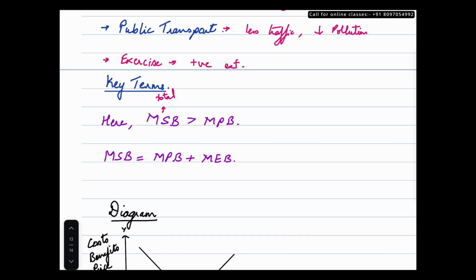Alright, how do we get social benefit? Social benefit is arrived at by adding marginal private benefit plus marginal external benefit. Now, what is marginal private benefit? Marginal private benefit is the benefit available to the consumer himself or herself from consuming one additional unit of that commodity. Alright. Now, let's take a look at the diagram.